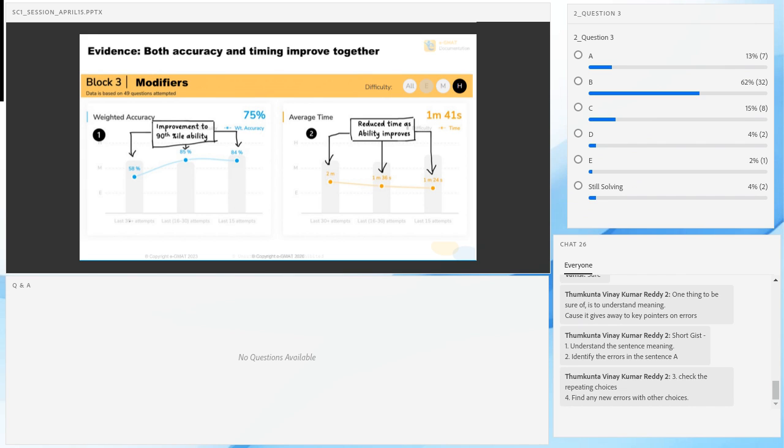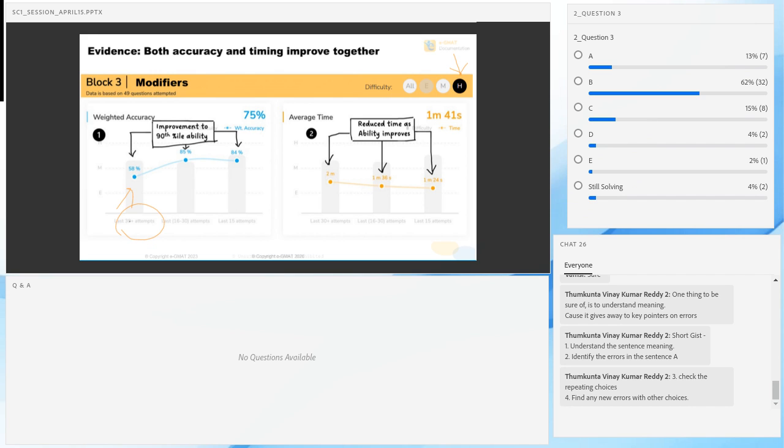So those are the things that you have to identify, and you have to take that input with the goal to, let's say, get to 70% accuracy in hard questions, because that's what you need for 90th percentile ability. And again, these are actual charts. All of this stuff is available to you through Scholaranium. In hard questions, this student in his last 30 attempts was at 58% accuracy.